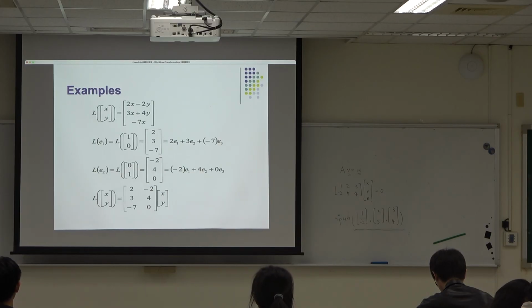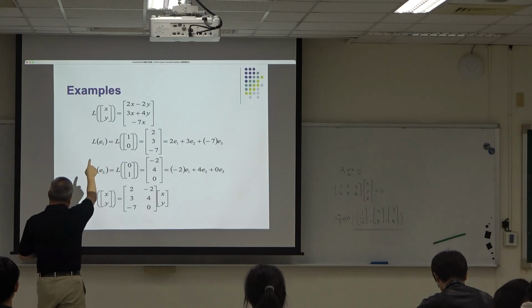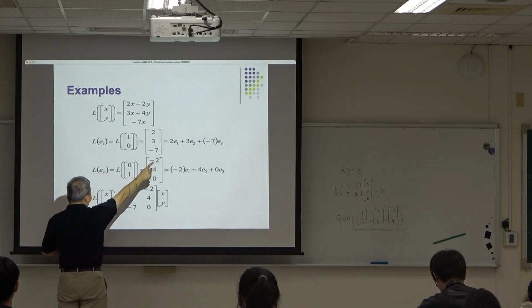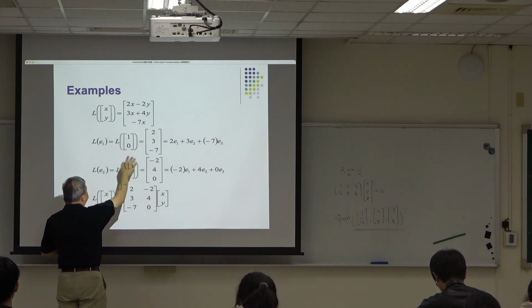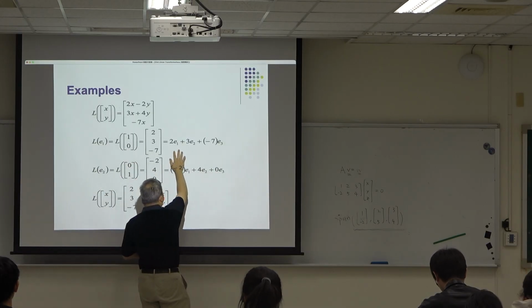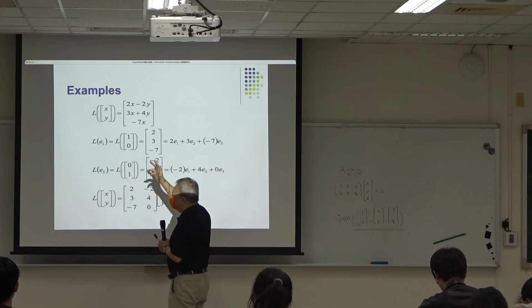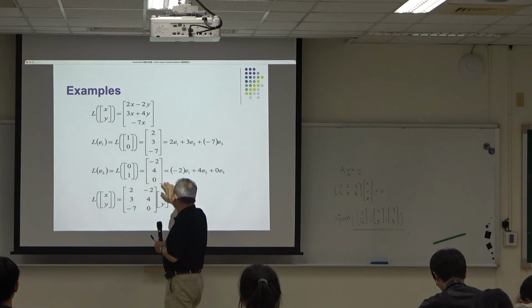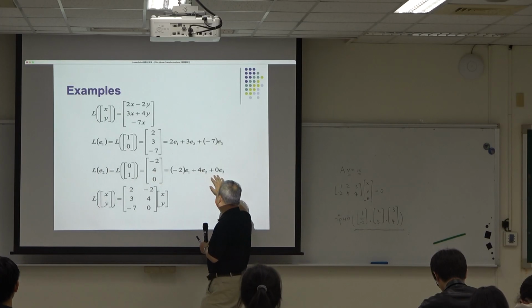Okay, L(x, y) equals (2x minus 2y, 3x plus 4y, negative 7x). Then similarly, we apply E1, E2, because it's two-dimensional. For E1, we get 2E1 plus 3E2 minus 7E3. Because V is two-dimensional and W is three-dimensional, their bases are different, even though both are standard bases. For E2, we get negative 2E1 plus 4E2 plus 0E3.